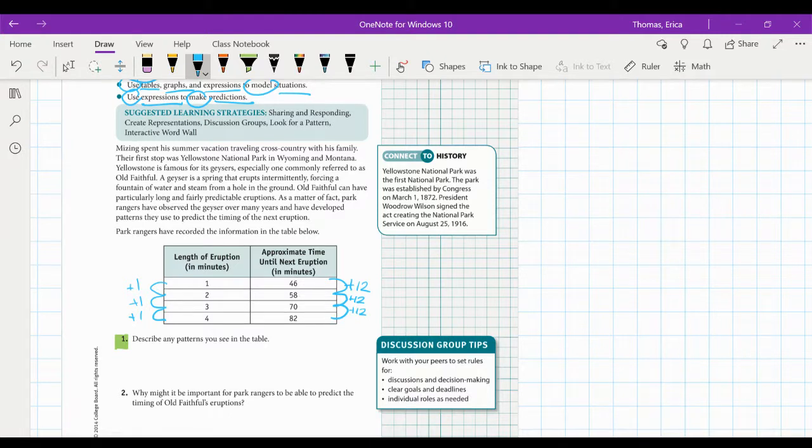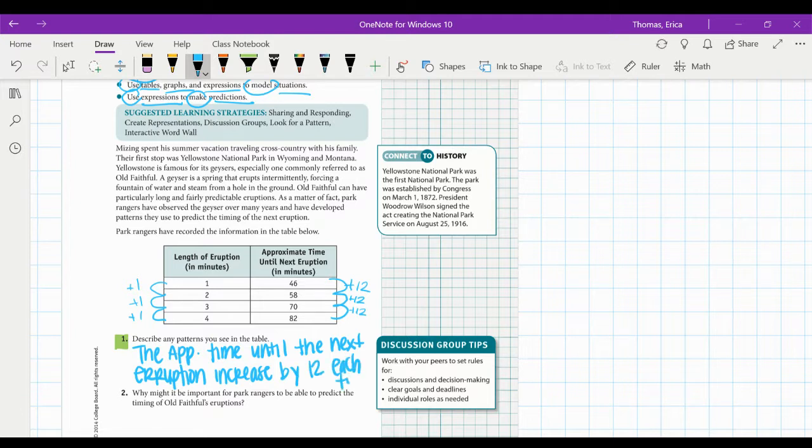So the pattern that I see in the table: the approximate time until the next eruption increases by 12 each time.